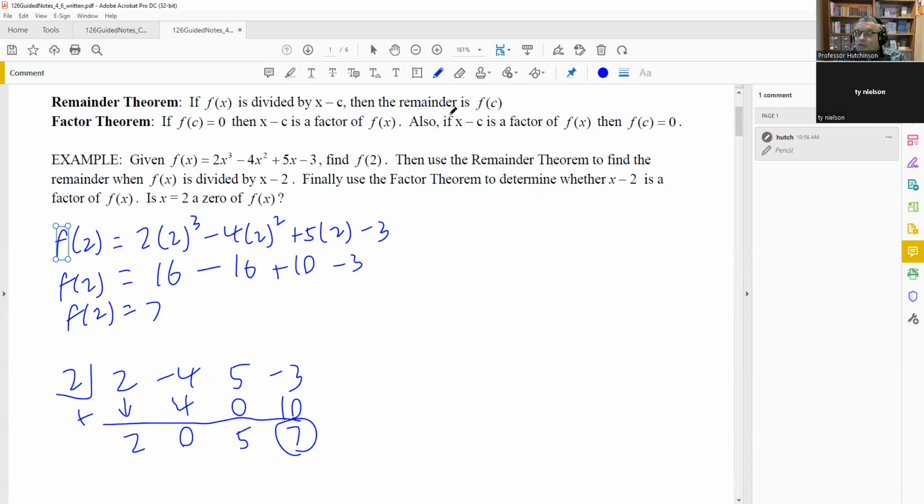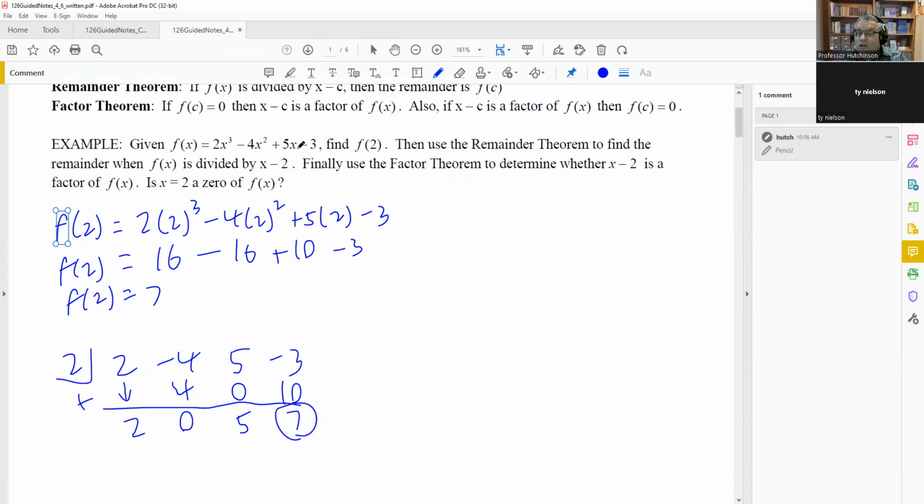So if I get f of c, I can find it out the old way, but also I could find the value of f of 2 by using synthetic division and just finding out what the remainder is. So if I do synthetic division, the remainder is the same thing as if I were to just put 2 in and do it the long way. So that's what the remainder theorem actually says.